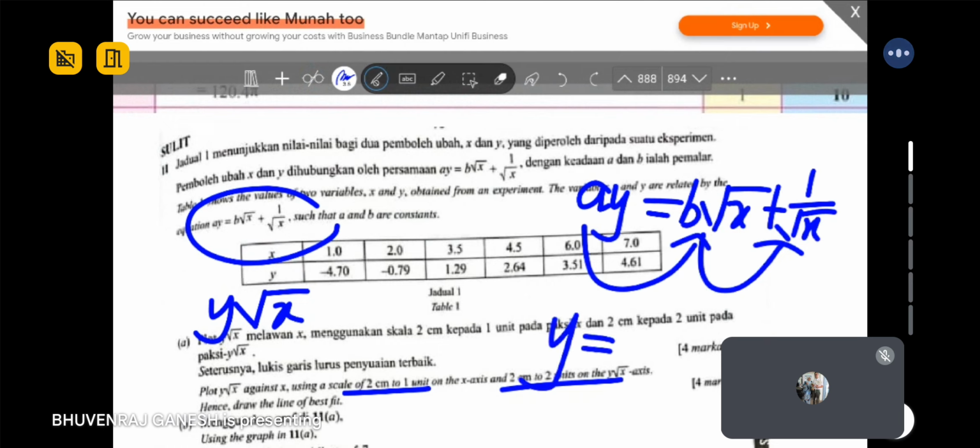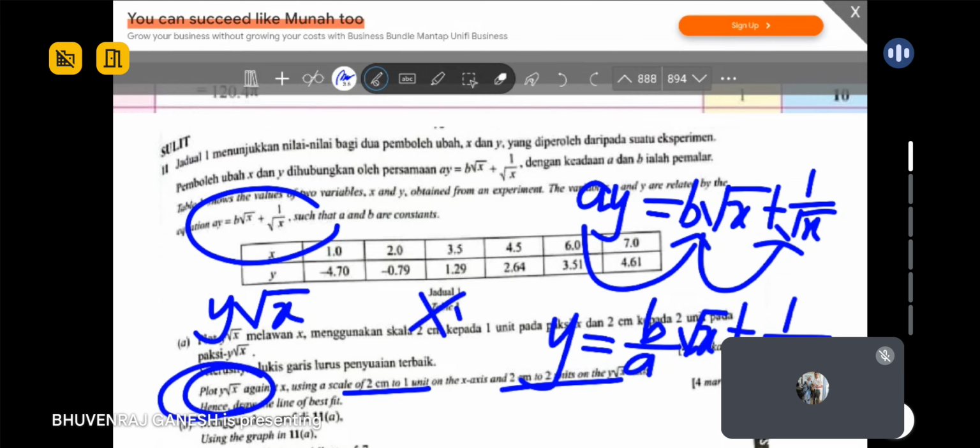Okay, so you will get y equal to B over A square root x plus 1 over, sorry ya, 1 over A square root X. Alright? So now, kamu nak dapat Y square root X. Betul? So you just times square root X lah. Kat dua-dua belah persamaan. Okay, you just times it left and right.